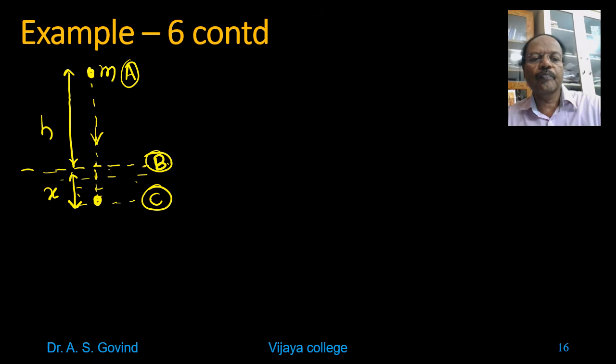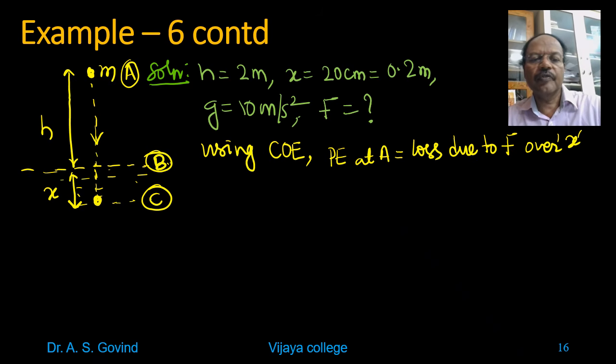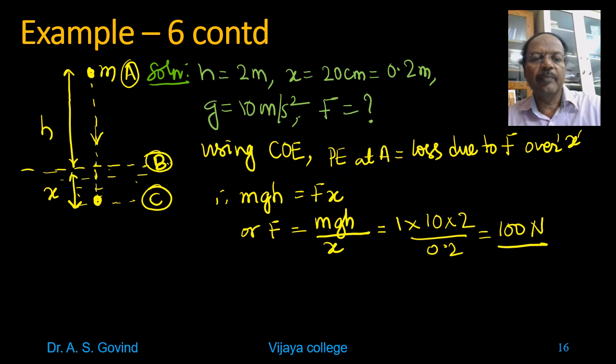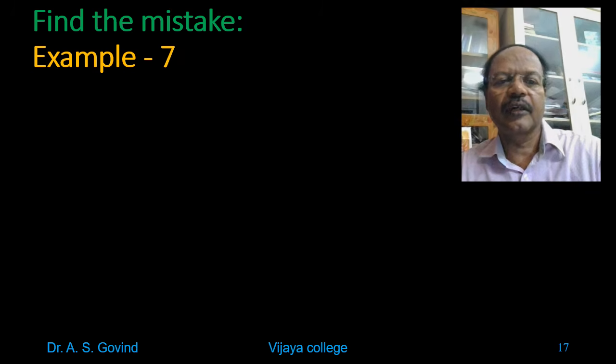This is the data. Using conservation of energy, gravitational potential energy at A is lost because of friction work done over a distance x. So mgh is equal to work done, F into x. Simplifying, you will get F as 100 Newton. This is wrong. Again, find the mistake.